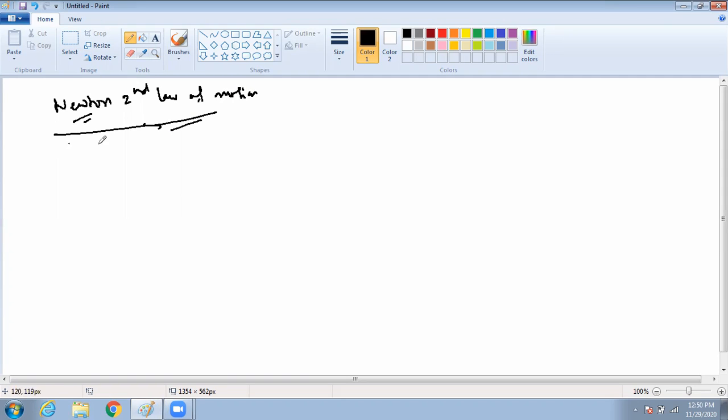So what does Newton's second law of motion say? Write down the definition.